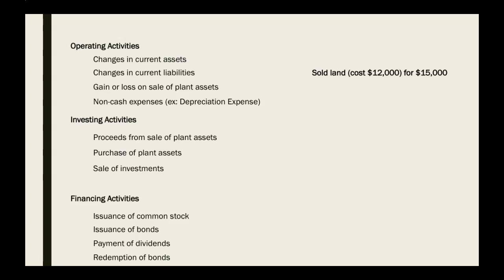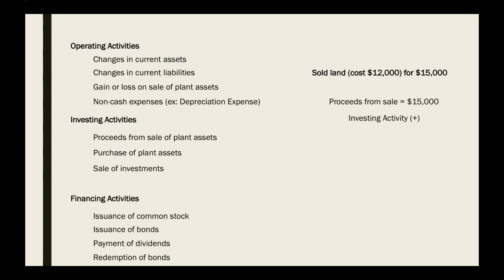We got $15,000, but the land that we sold was only worth $12,000. So that means that we also had a gain in this sale as well. So let's first take a look at the proceeds, right? We had $15,000 as our proceeds from the sale. Well, we were told that proceeds from the sale is an investing activity.